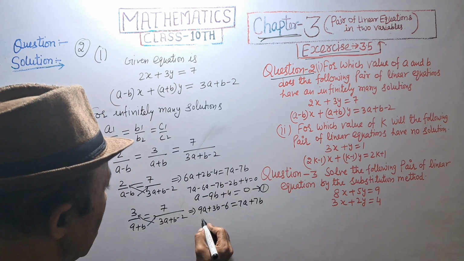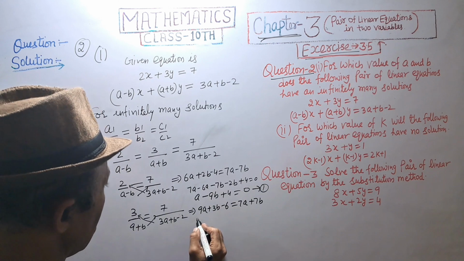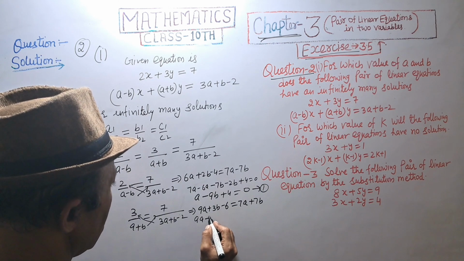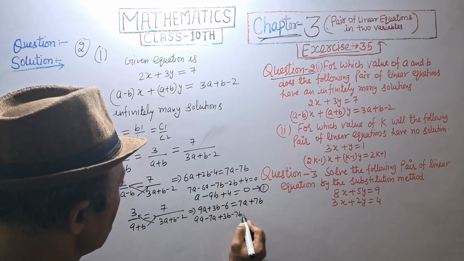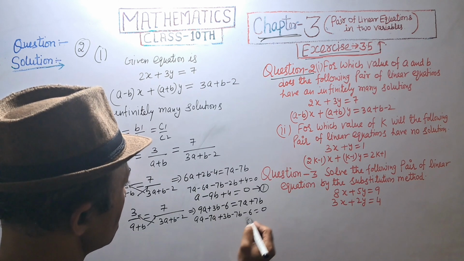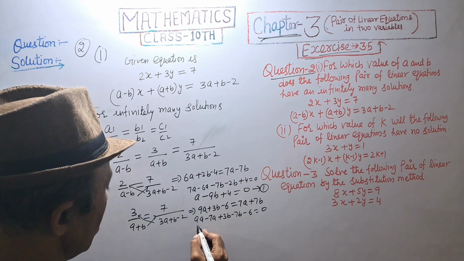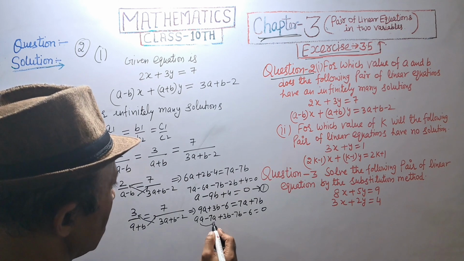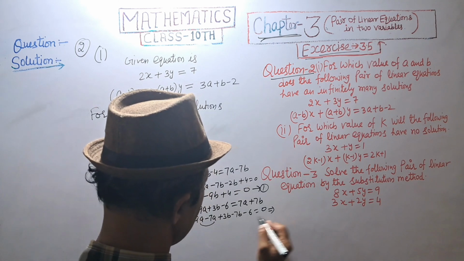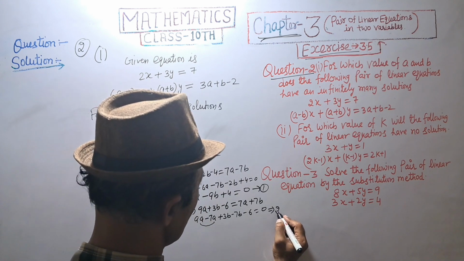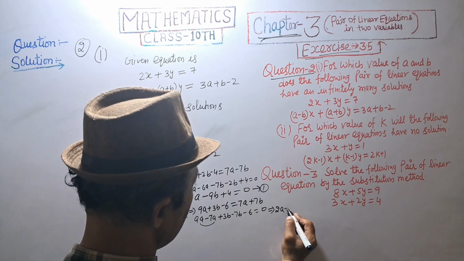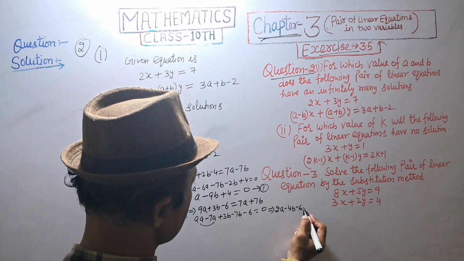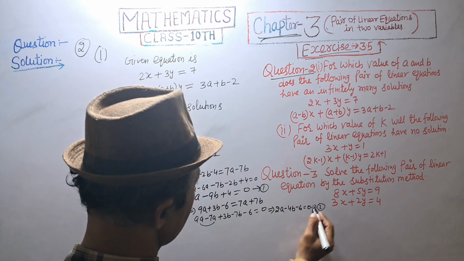Shifting to the left side, 9a minus 7a plus 3b minus 7b minus 6 equal to 0. So 9a minus 7a equal to 2a, 3b minus 7b is minus 4b, minus 6 equal to 0. That is equation number second.